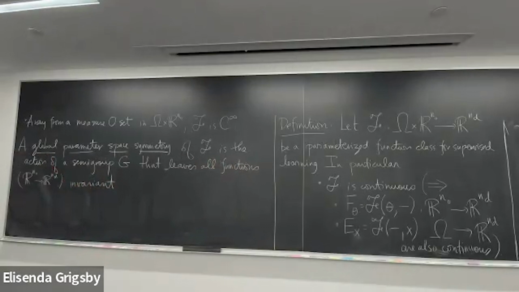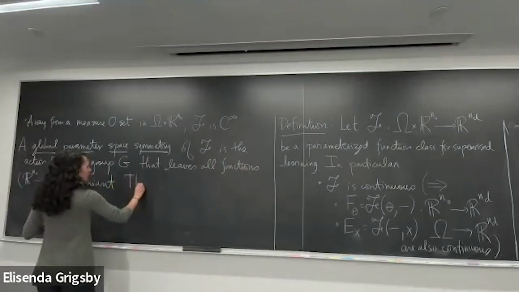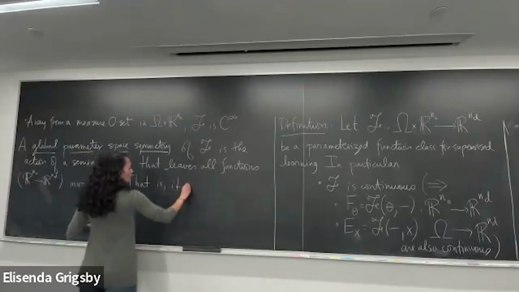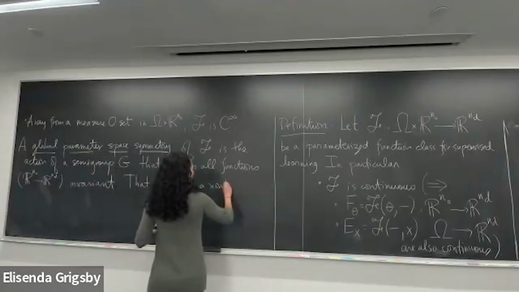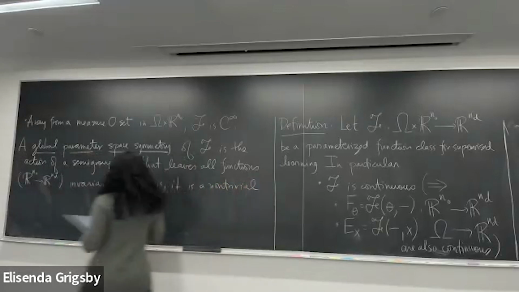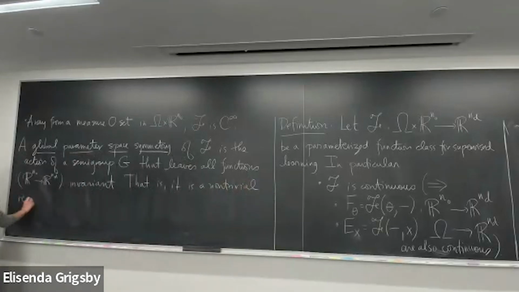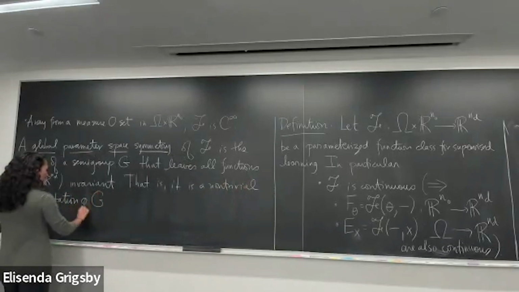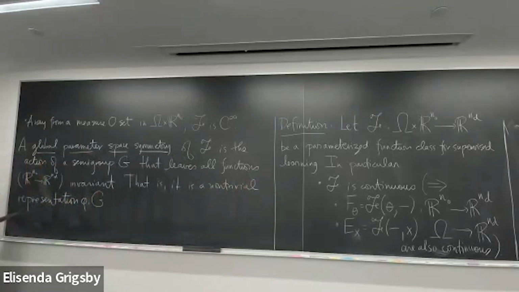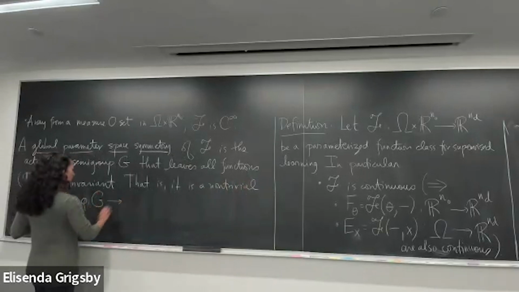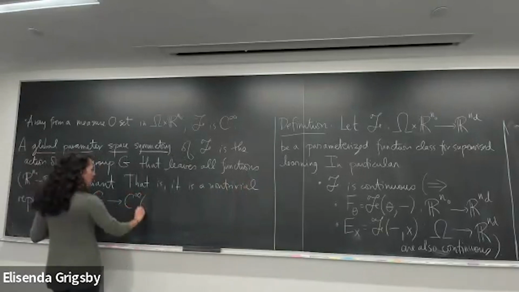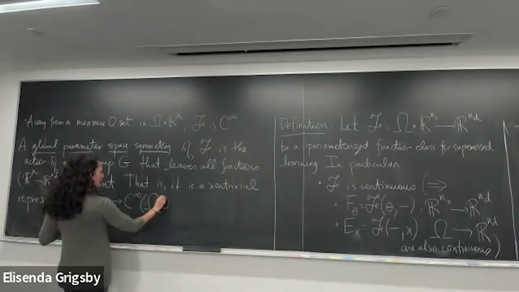This is informal, so let me write this down formally. That is, it is a non-trivial representation, let's call it phi, from your group G into smooth functions from the parameter space to itself.